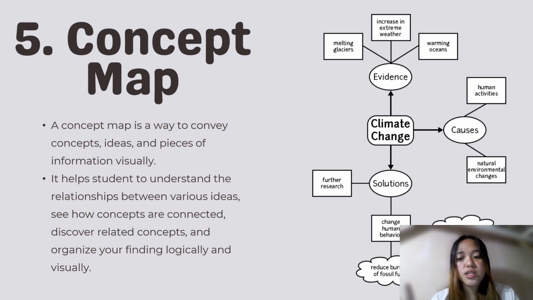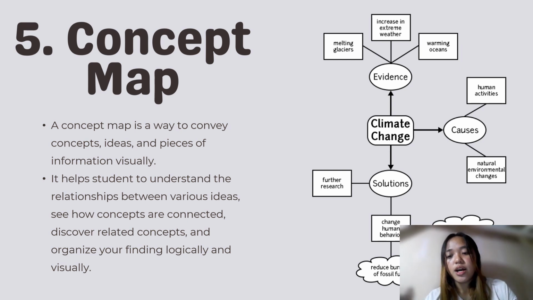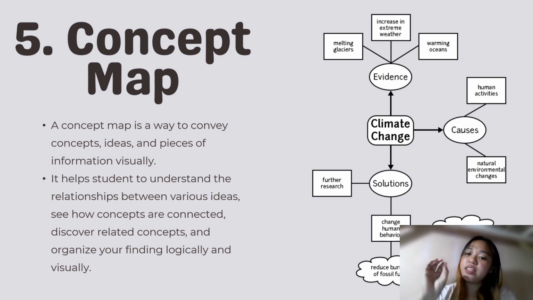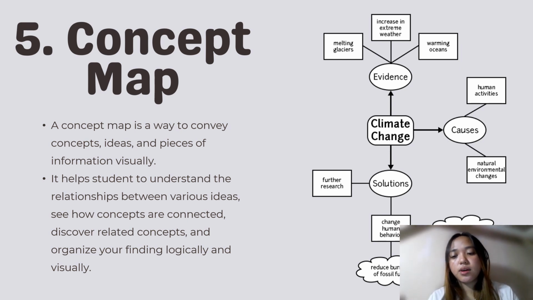That is narrowing down our ideas about a certain topic. Usually the topic in a concept map is in the middle, and then we have different lines there to branch out our ideas, or what comes to our mind about the certain topic.